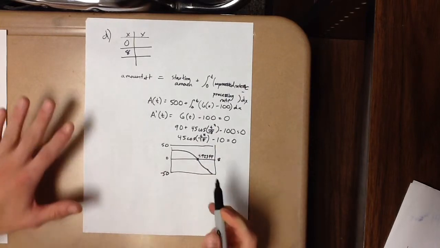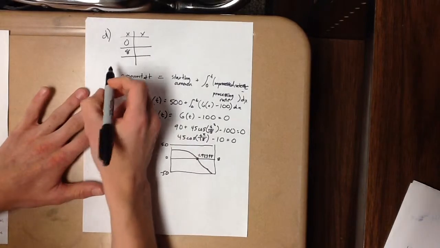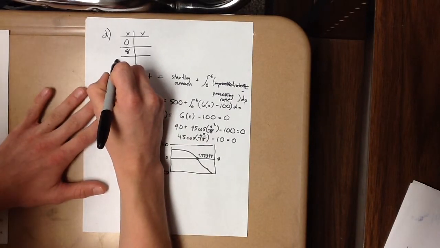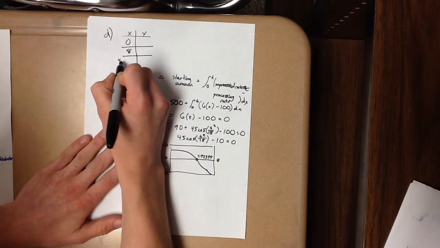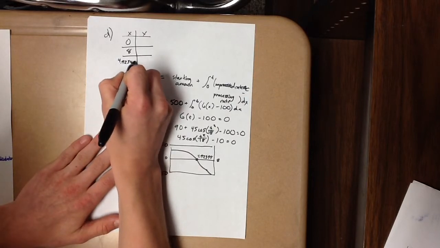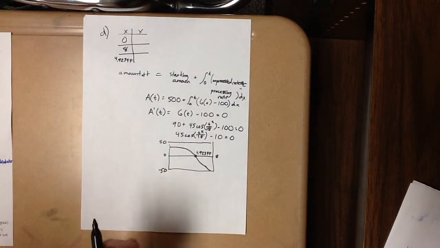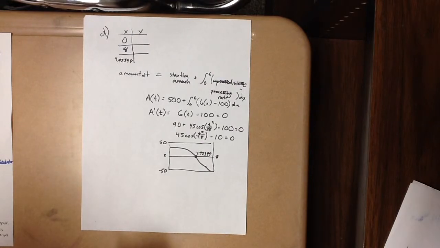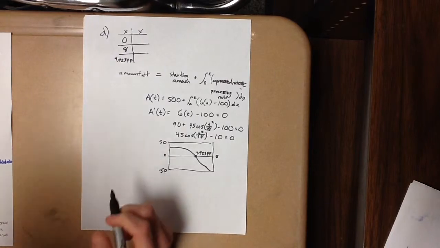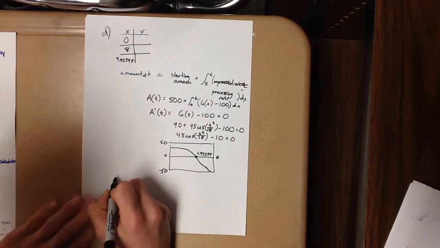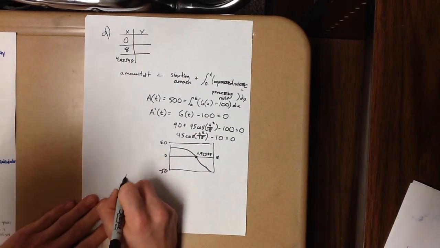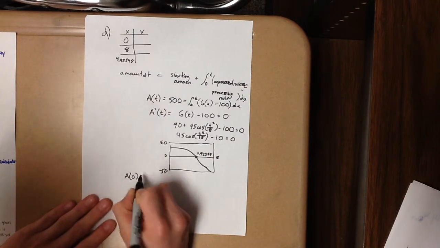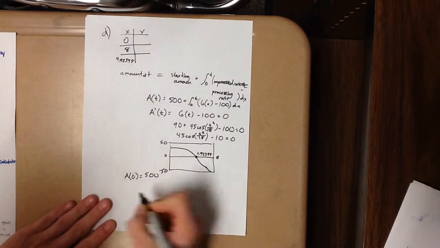4.92348, and you store this in your calculator, and you go back up to the chart that you made, and you plug these into the original function. A of 0 is equal to 500, which is your starting amount.